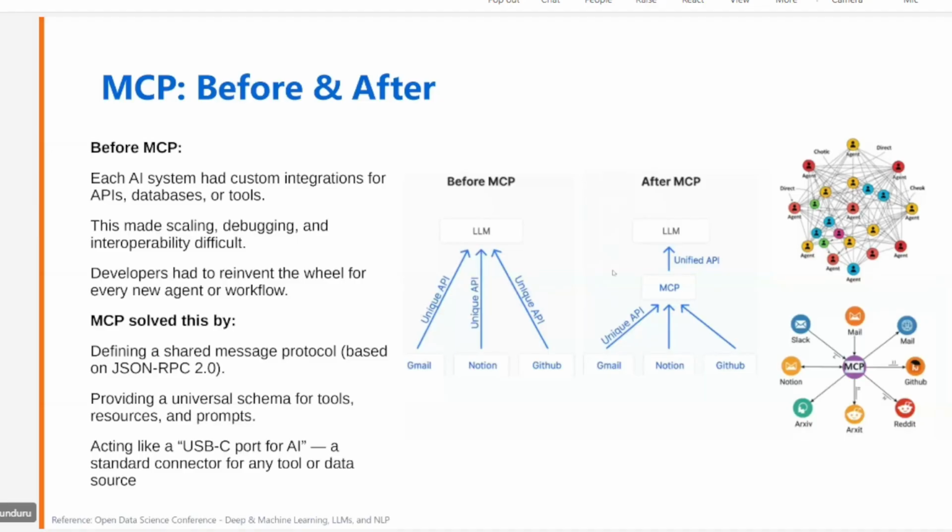Developers had to reinvent the wheel for every new agent or workflow. MCP solved this issue by providing a universal schema for tools, resources, and prompts, acting like a USB-C port for AI. USB is one standard for interconnecting devices. There are different kinds, like USB and USB-C, I don't remember the names.